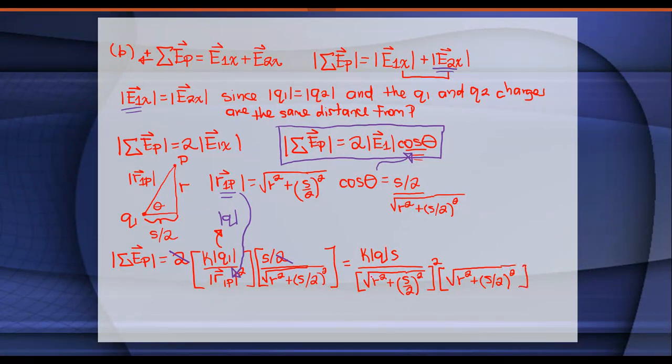Now, in this part we have a square root and we're squaring it. So we can just write that as KQS over, undoing the square root sign, R squared plus (S over 2) squared.